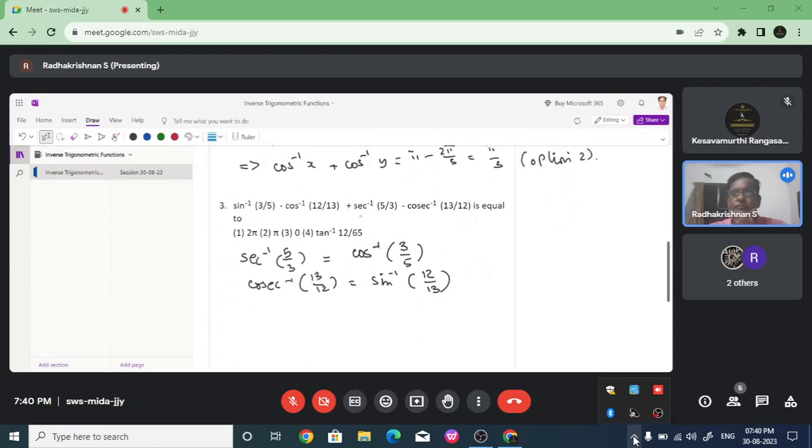So all you have to do is substitute the secant and cosecant with sine and cos, so they'll all get cancelled. That's all.